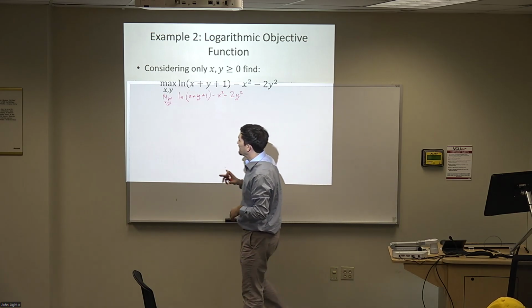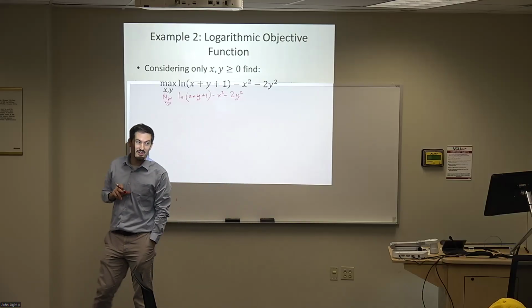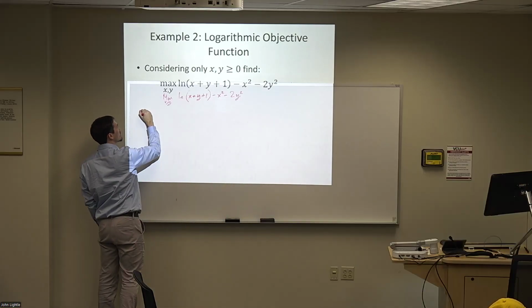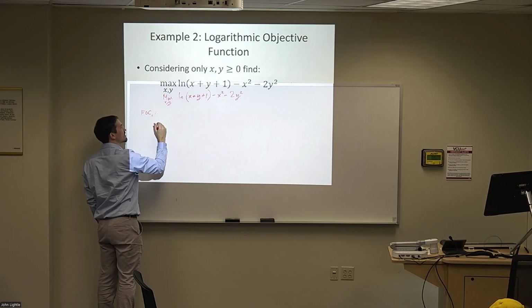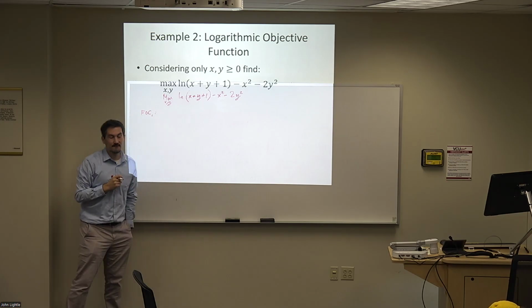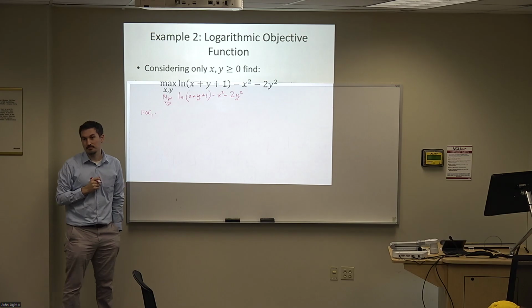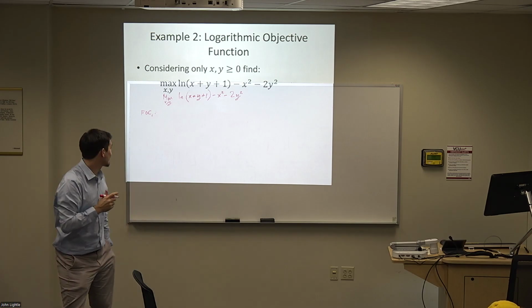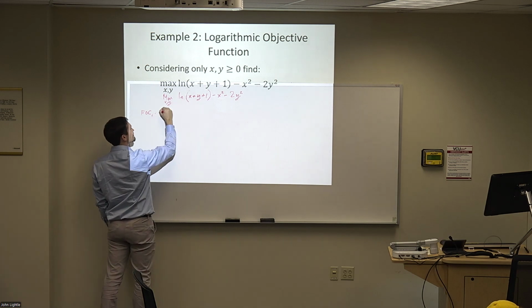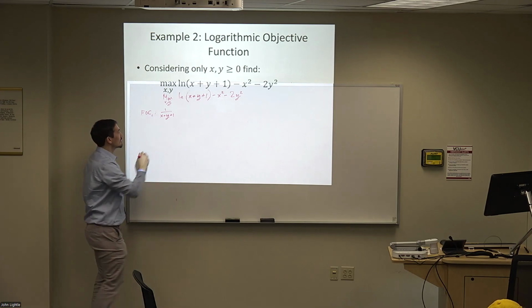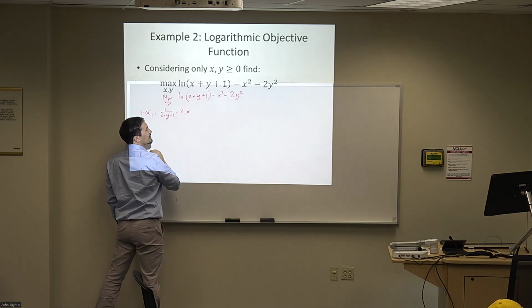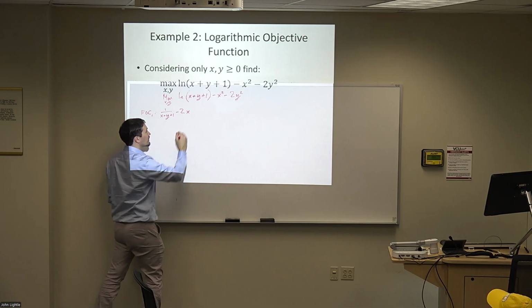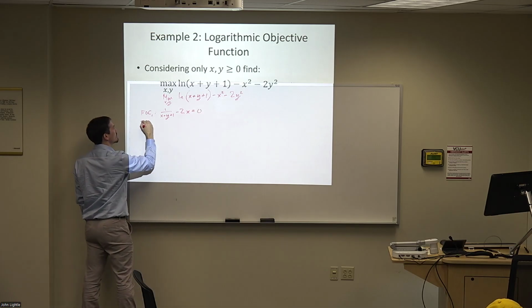Anybody want to tell me the first order conditions? One over x plus y plus 1, minus 2x, and of course, that's equal to 0. Very good. Second one.